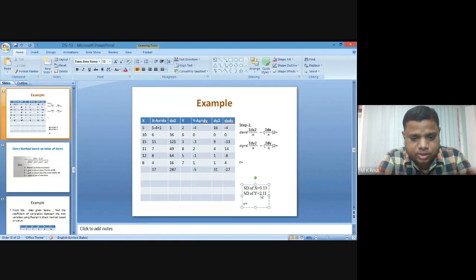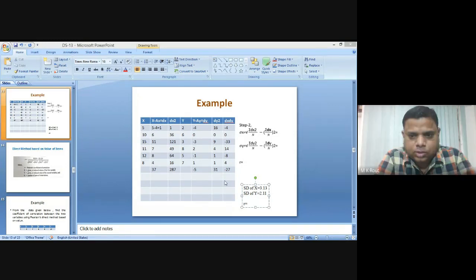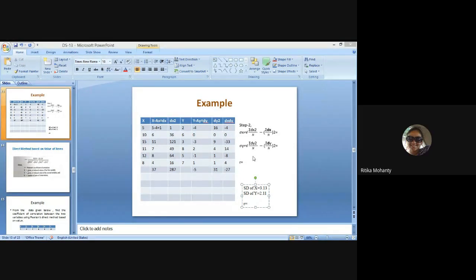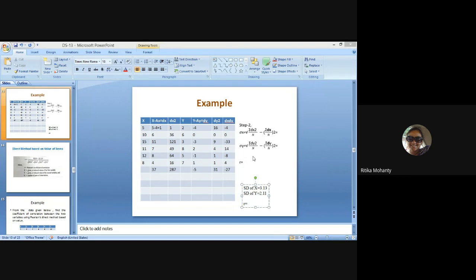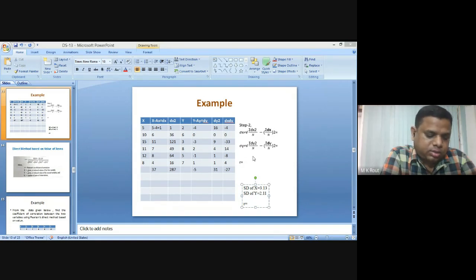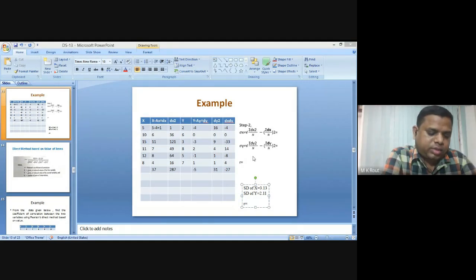Sir, for summation of dx we have to take the root over summation of dx square by n. So my answer is coming 6.91. In case of standard deviation of x, note down under the square: sum of d square by n. Sum is 287, divided by 6.